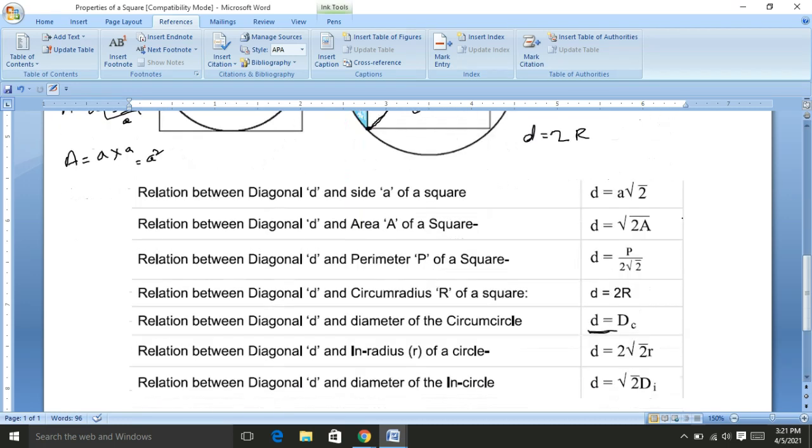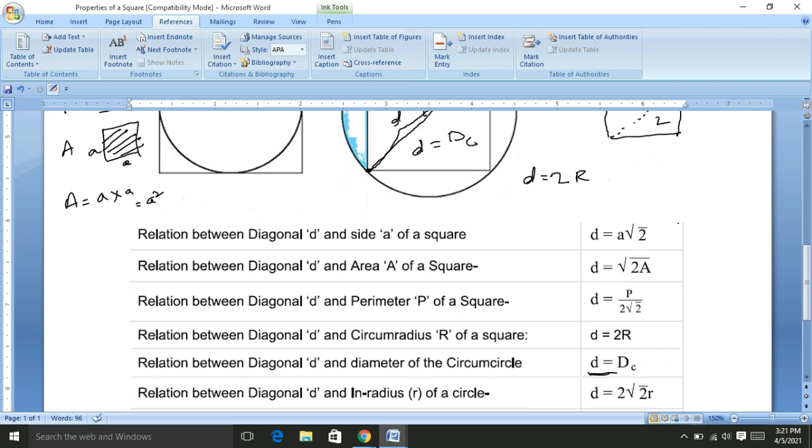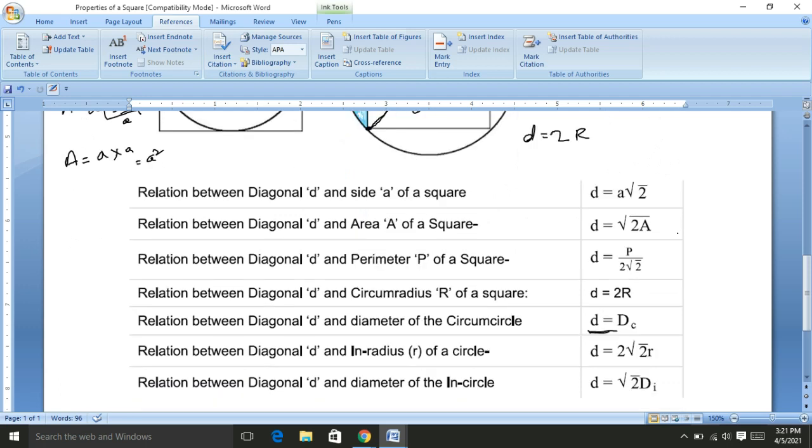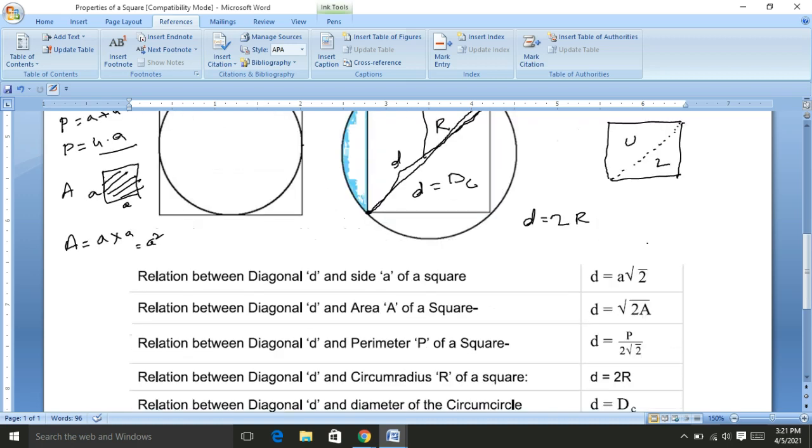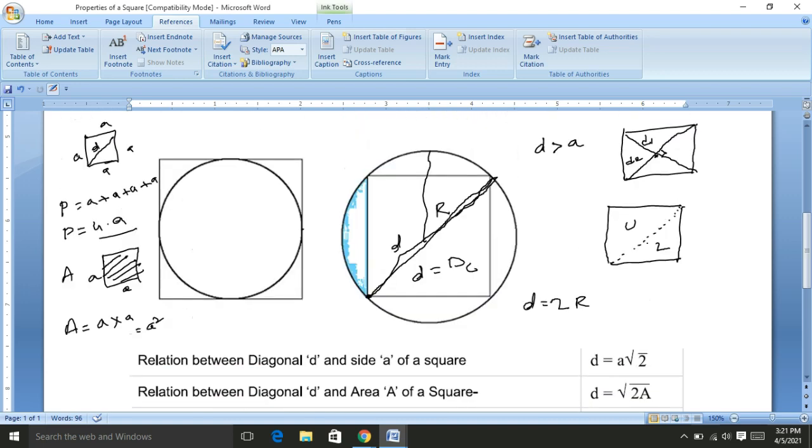And one more formula is the incircle. So this is the circumcircle, and for the incircle, suppose we know the diagonal of the square, then the diameter of the incircle is root 2 d, root 2 d, the diameter of the incircle. Suppose let us consider this is the diameter of the incircle.